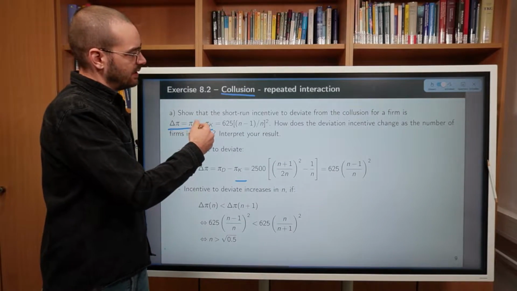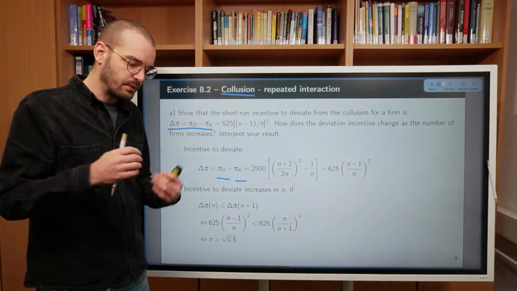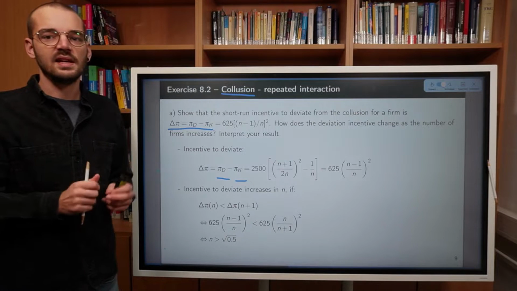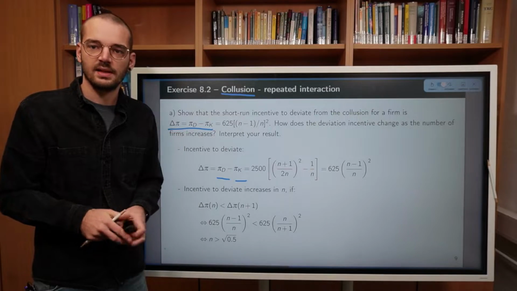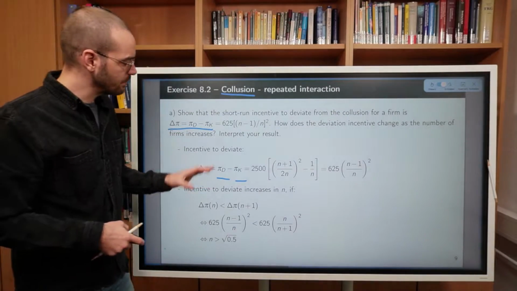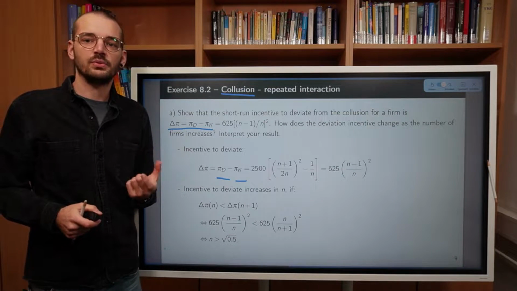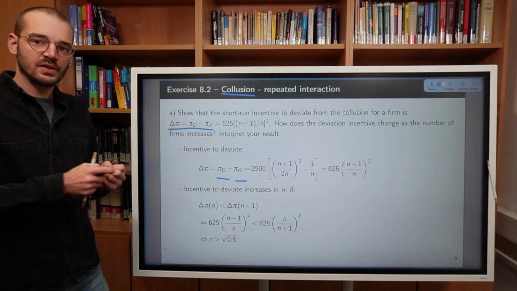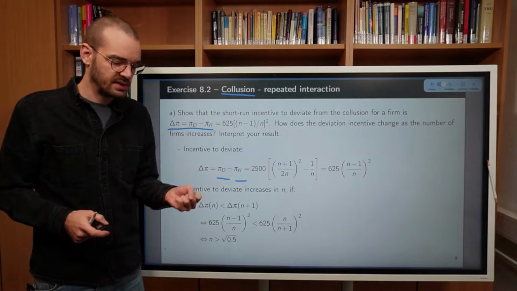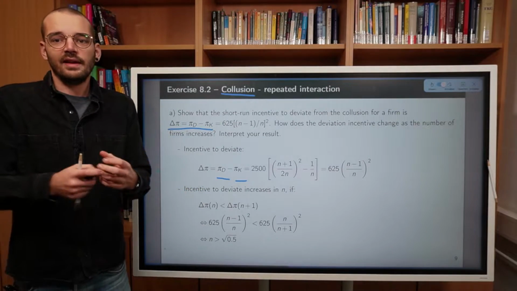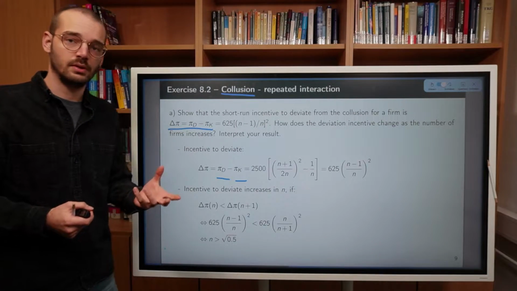Now the profits under deviation, of course, is pi d. So if the firm chooses to not stick with the collusion but instead deviate and choose to individually maximize the profits, then the firm earns profits pi d. Now the incentive to deviate is precisely the difference between these two profits, right? So if a firm can earn additional profits by deviating from the collusion, then these additional profits, of course, are precisely the incentive to do so.